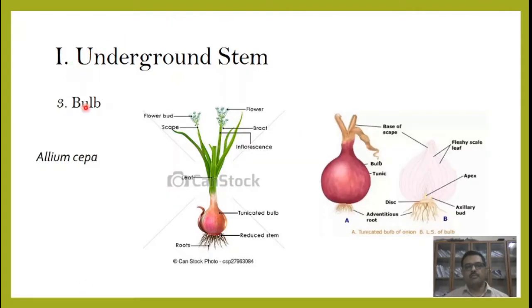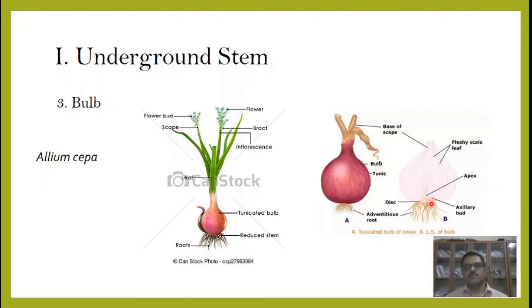The third type are the bulbs. Bulbs are characteristic of plants like onion, Allium cepa. These stems are flat, whitish, disc-like structures, and they possess axillary buds. From the surface of them, leaves can be produced, and there are terminal buds which can give rise to the vegetative leaves and flowering stems.